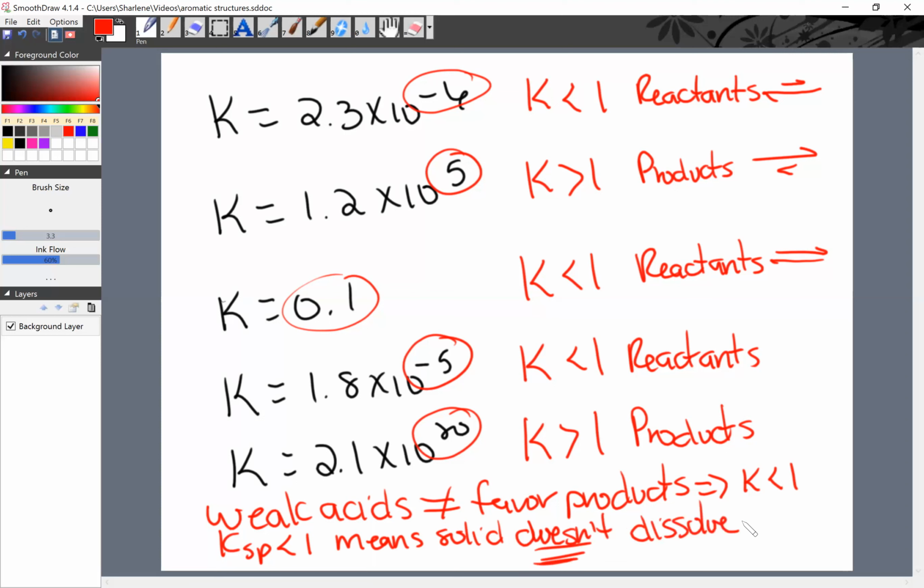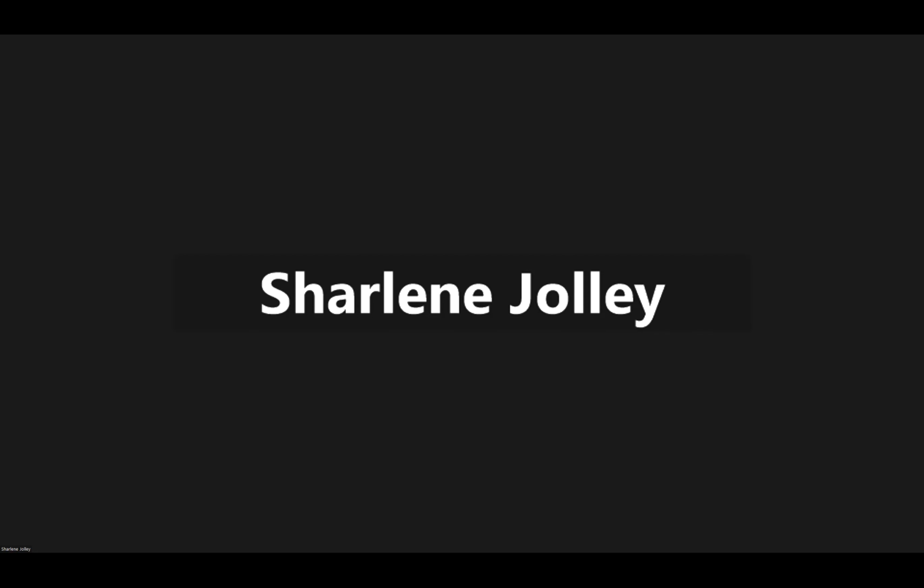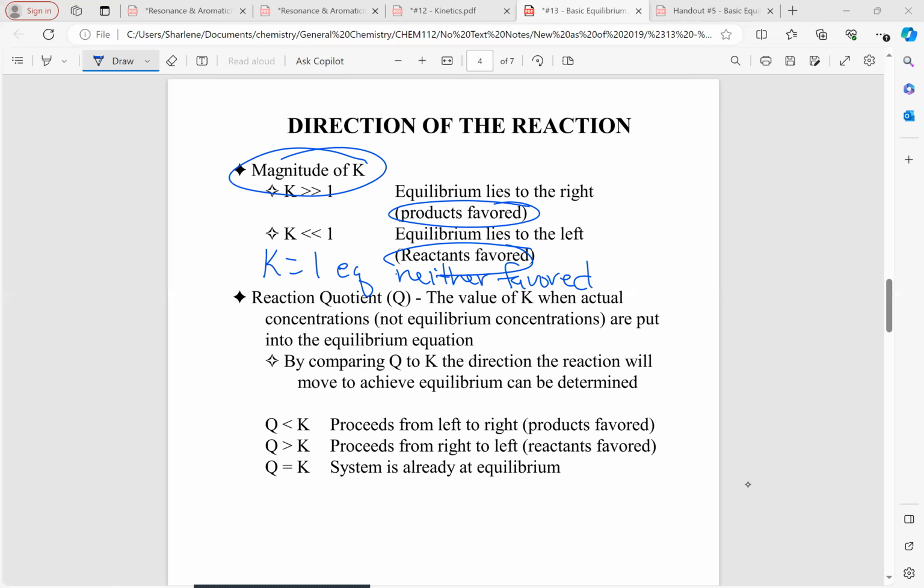So again, reactants are favored and the solids are on the reactant side. So a KSP less than 1 means the solid doesn't want to dissolve, which means it's insoluble. And in our solubility rules, all we said was, it's insoluble. We can now say, how insoluble are you? And it gives us a quantitative variation of everything that we've done in the past.